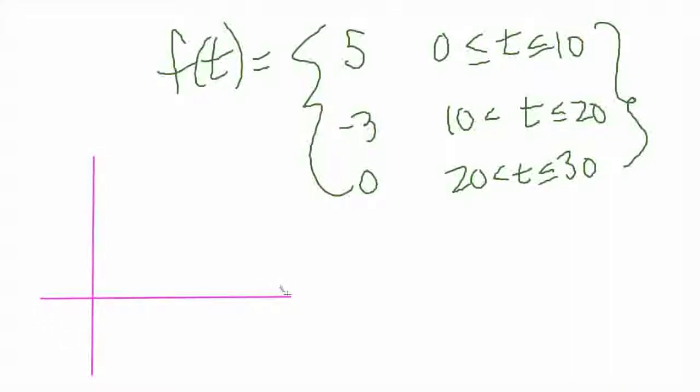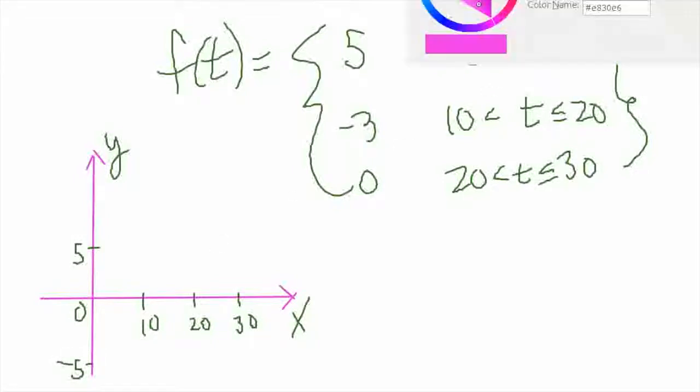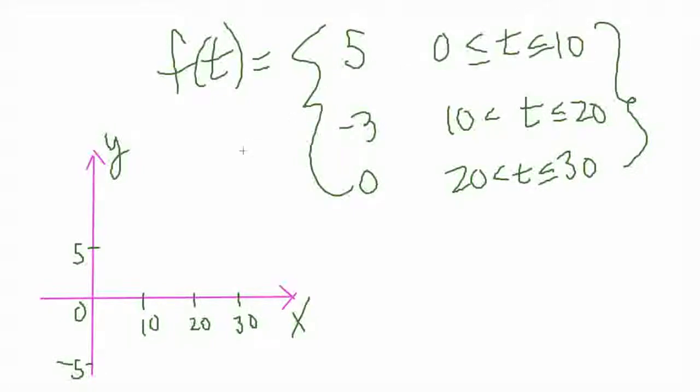Let me graph this one. For the first 10 seconds it's 5, then it jumps down to minus 3 for the next 10 seconds, and then it goes to 0 for the next 10 seconds.